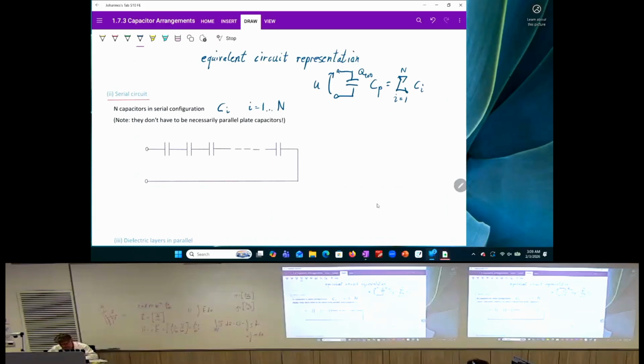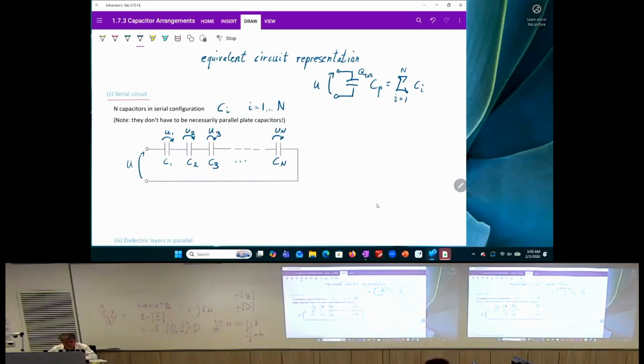You have again a voltage applied at this port. You have here capacitor 1, capacitor 2, capacitor 3, and so on till you have here capacitor n. And you have a voltage U sub 1, U sub 2, U sub 3 over it, and so on, U sub n.